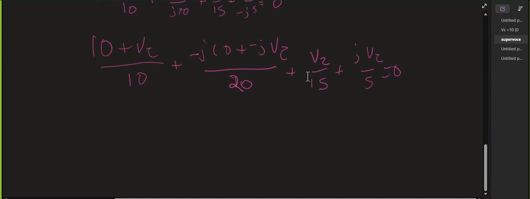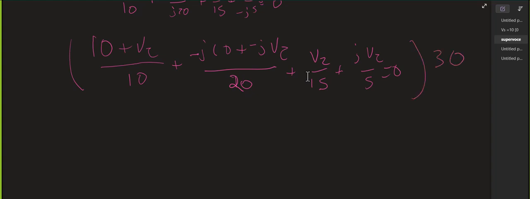Now I could have a common denominator of 30. If I multiply through by that, I'll get 30 plus 3V2. No, 30 doesn't work. 4 and 5 and 3.